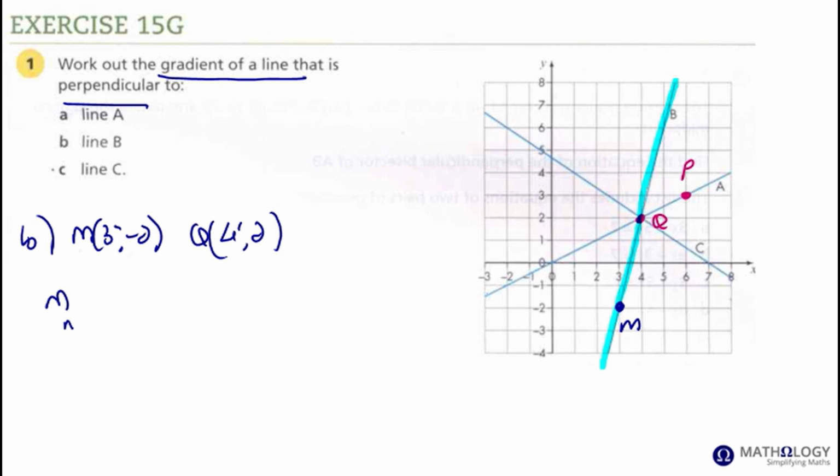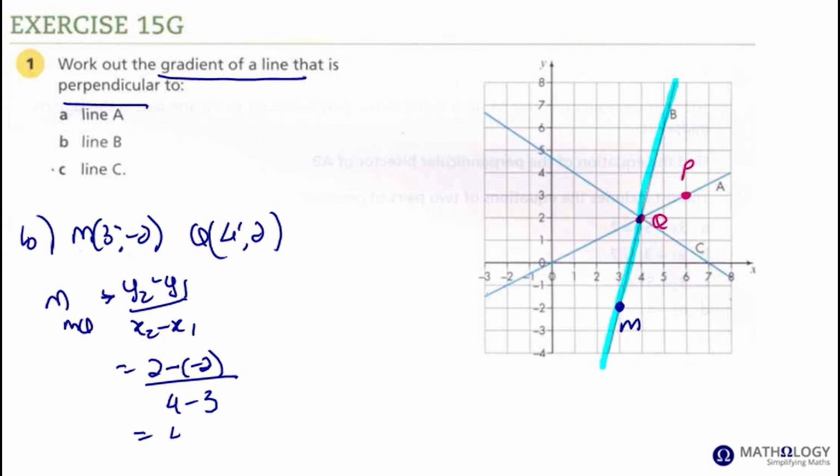So the gradient of MQ is y2 minus y1 over x2 minus x1. So it's going to be 2 minus, and use brackets, 2 minus minus 2 over 4 minus 3. 2 plus 2 is 4, over 4 minus 3 is 1, so the gradient of MQ equals 4.